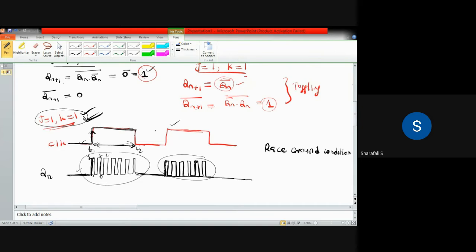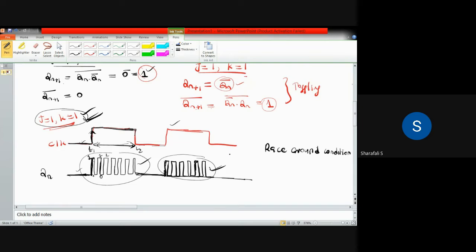So we cannot predict the output. That is not a good effect for any memory device, because we do not have any certainty in the output level.